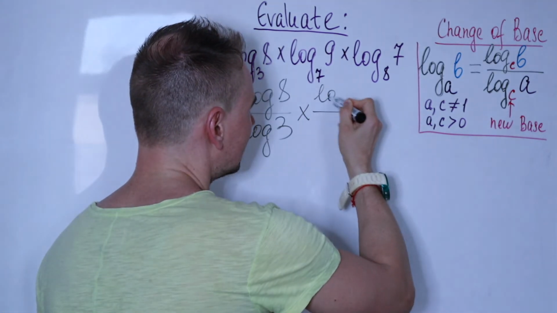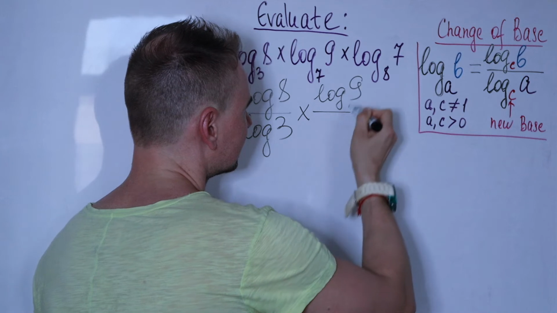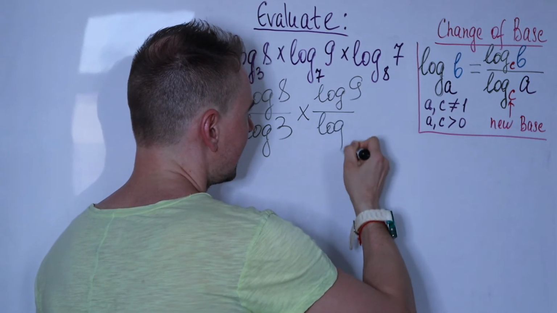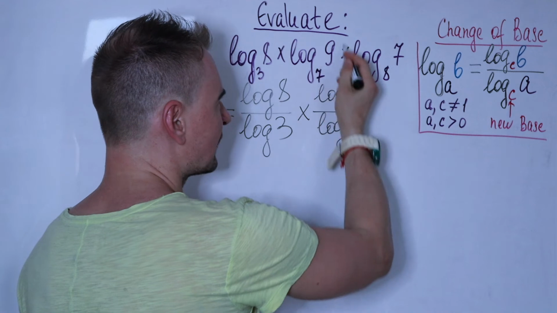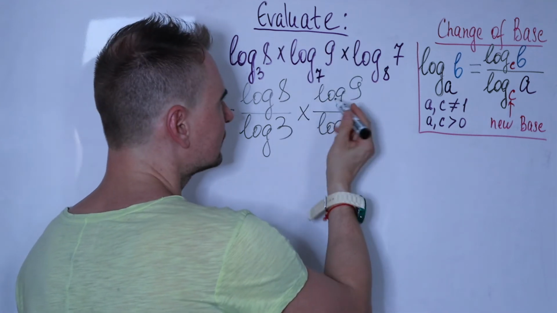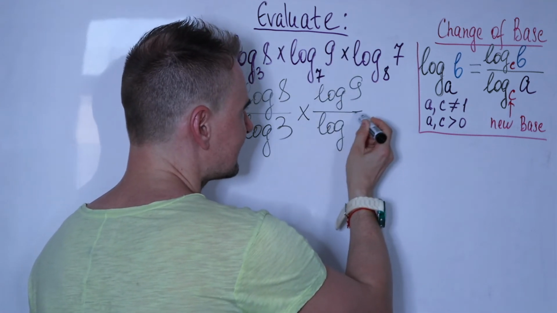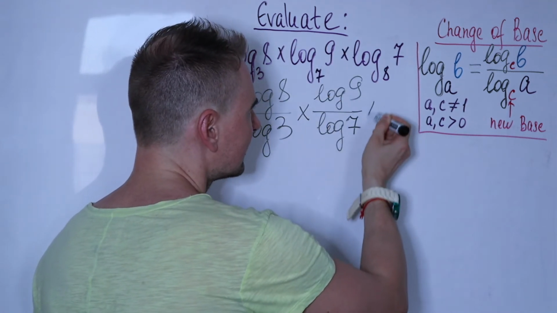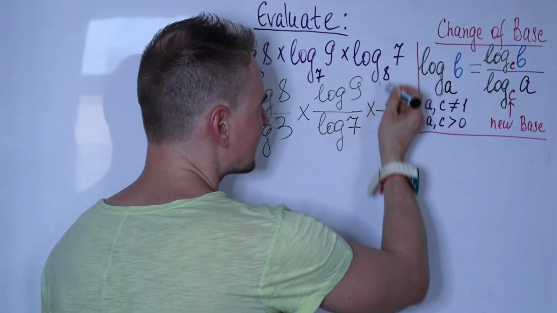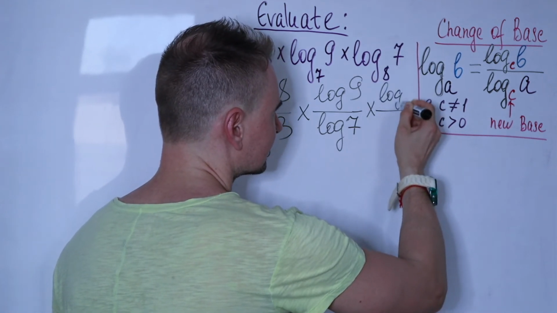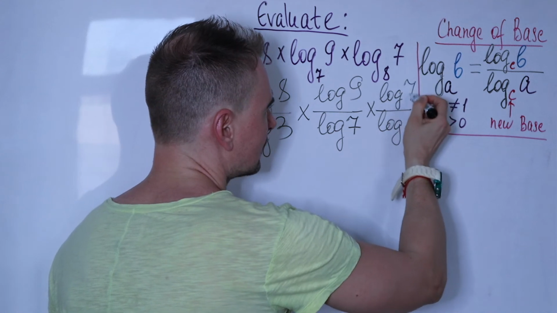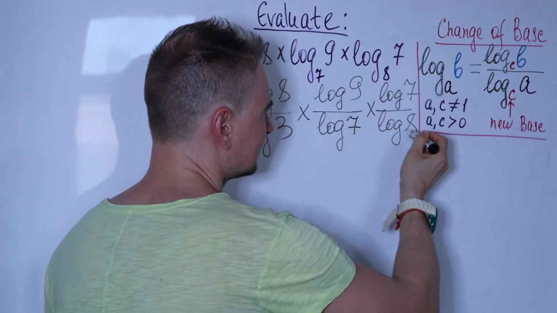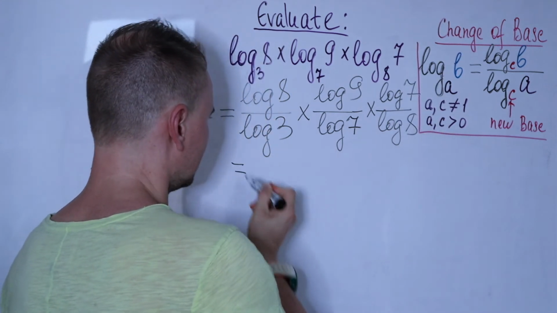For the second one, 9 goes on top, so as a good rule of thumb, the larger number goes on top and the base number goes on bottom. And for the last one, 7 goes on top and 8 goes on bottom.